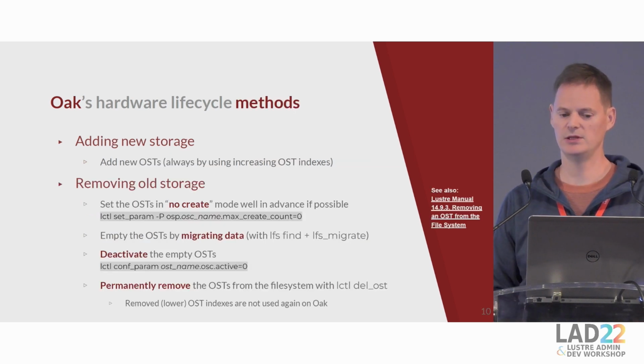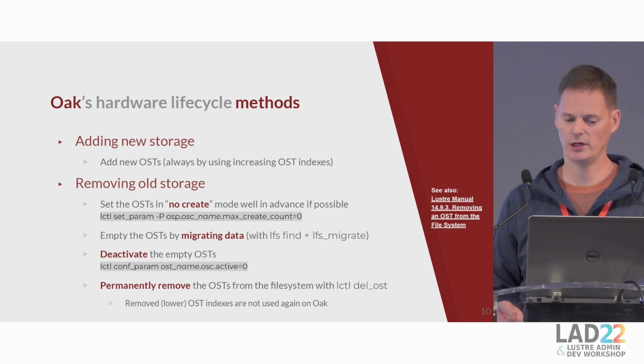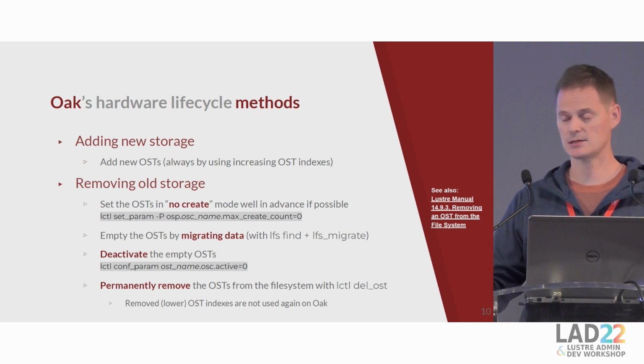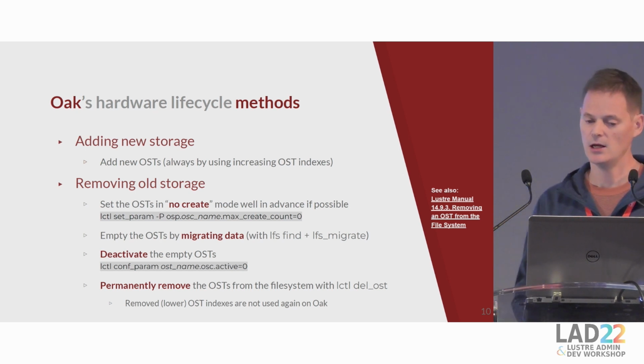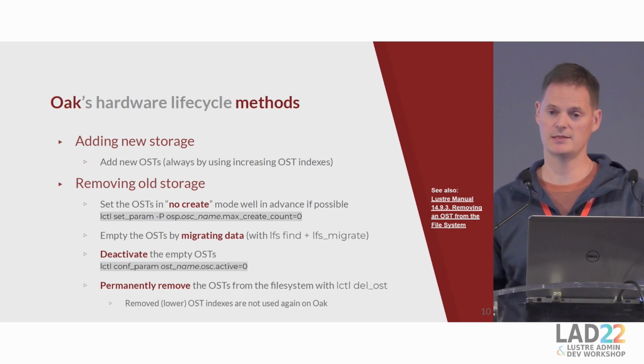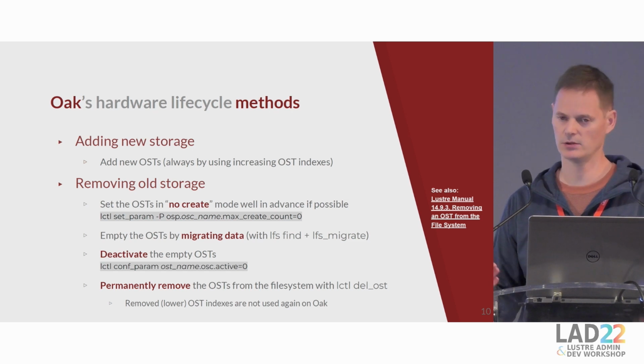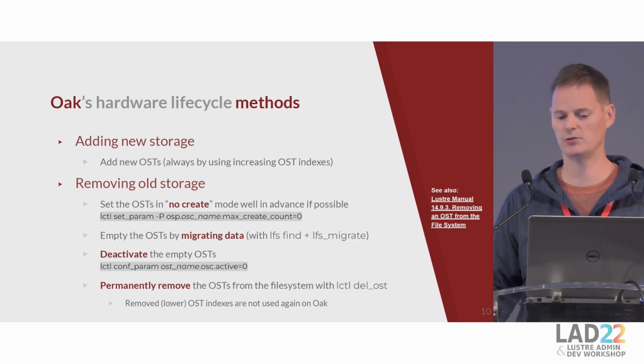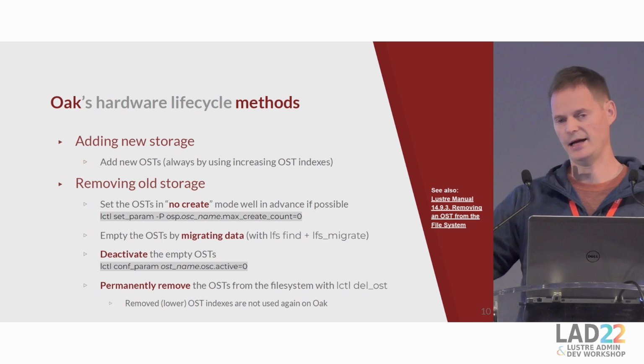Now the method we use for adding new storage: we prepare new OSS, new OSTs. Adding is easy. In Lustre, you mount new OSTs. In our case, we don't reuse OSTs, so it's important to mention that we always use higher OST indexes.